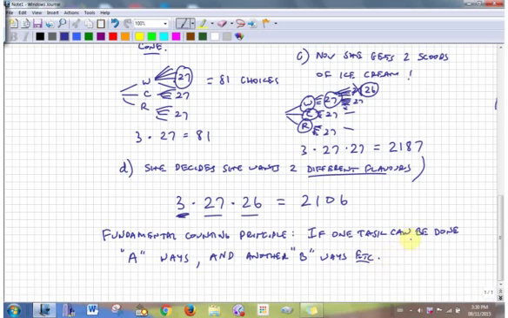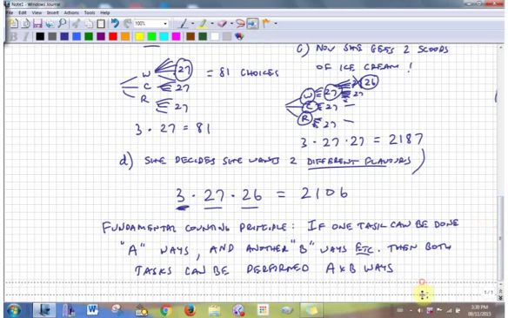But I don't want to write here for a long time. Then both tasks, or 3 tasks, or 4 tasks, etc., can be performed A times B ways.